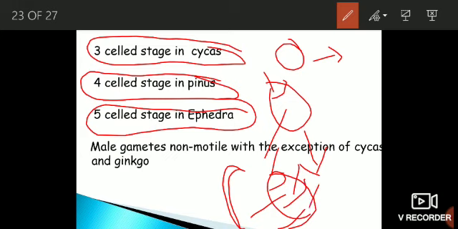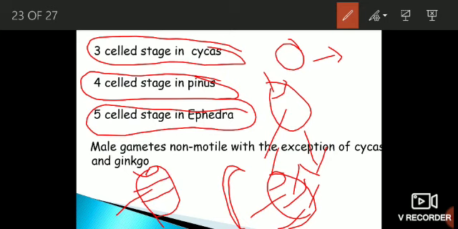And when pollination happens, when pollen lands on the ovule, then later development takes place. What happens then? You have this 3-cell structure. The generative cell divides further and forms 2 cells.